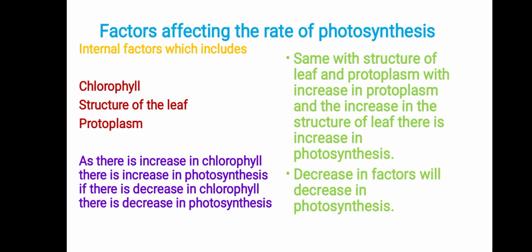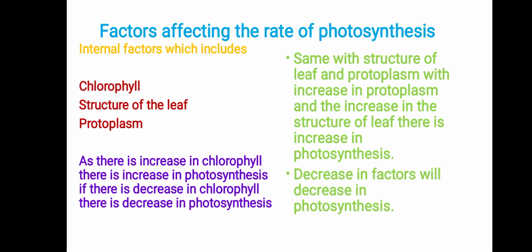Same with structure of leaf and protoplasm. So, as the chlorophyll, structure of leaf, and the protoplasm increase, photosynthesis increases. As there is a decrease in all those factors, photosynthesis also decreases.